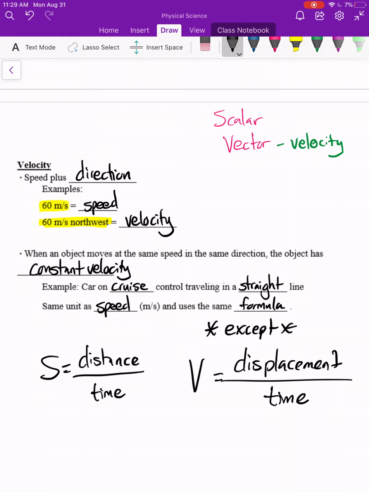So this is the big difference. Displacement, distance, which just means we're going to put a direction on there. So the calculations are going to be pretty much the same. And we will do that in class tomorrow.